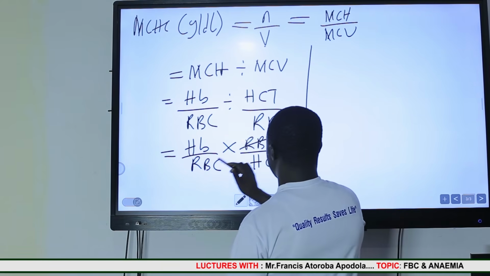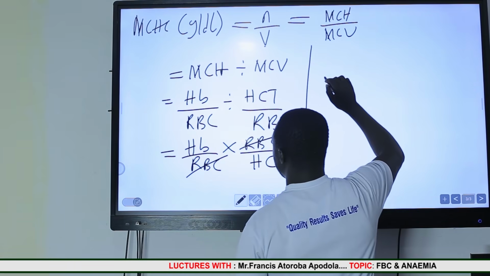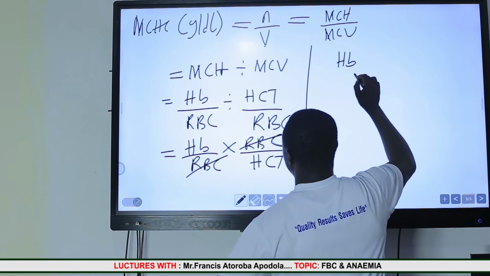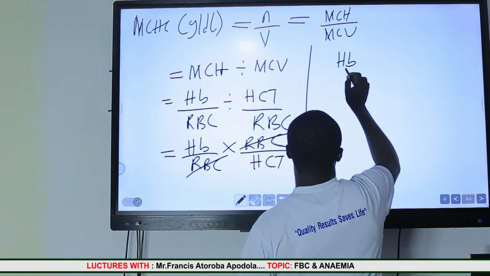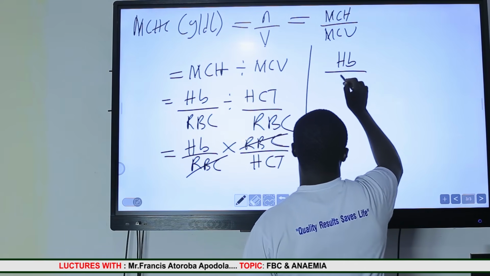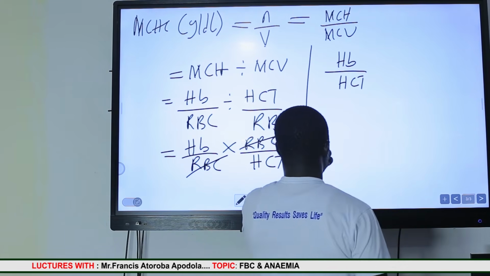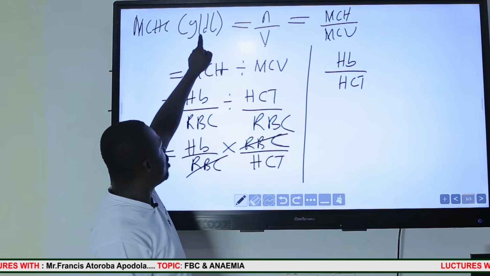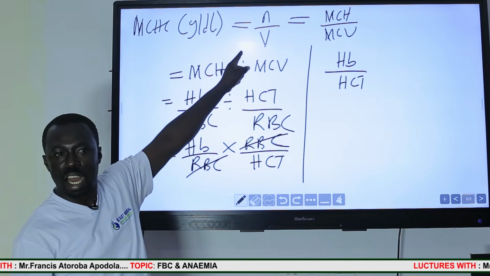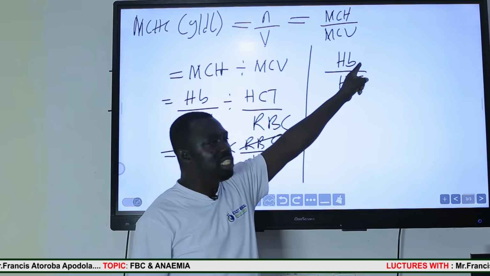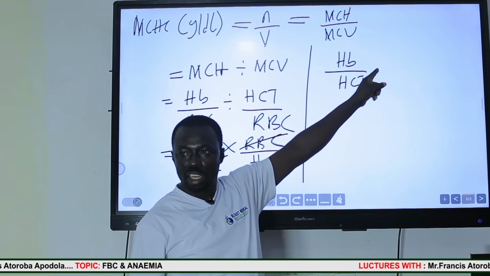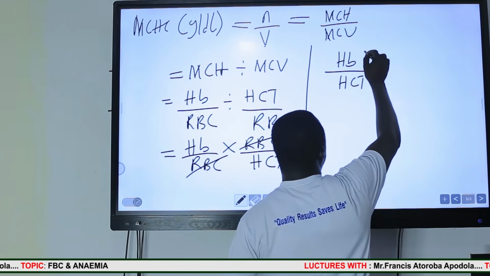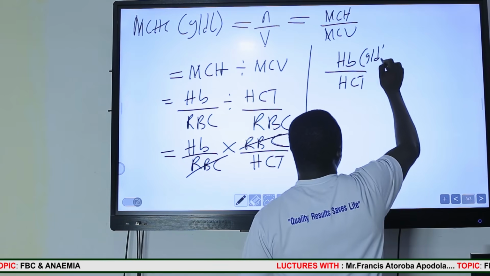This one cancels this one. We'll get the formula to be HB over hematocrit. Are you getting that? You see, the MCHC is already in gram per deciliter. The HB unit is already in gram per deciliter. So we will not want to change anything in the unit of the HB. Gram per deciliter will still be maintained.